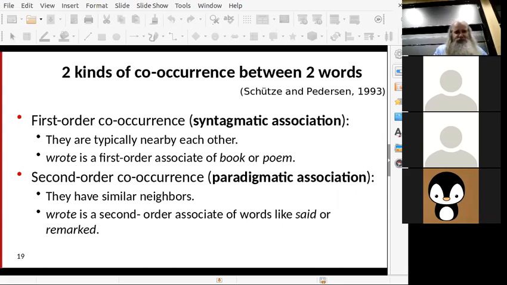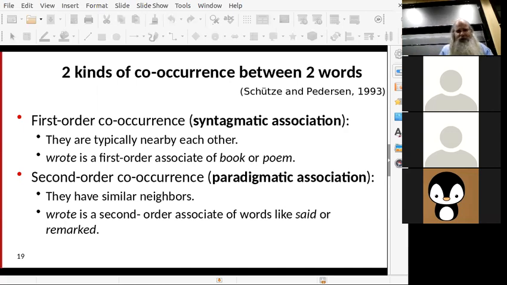One thing to consider is that there's what's called first order co-occurrence, okay? And that is that the word wrote is in some sense similar or related to the word book or poem, because book or poem actually will appear in the context of wrote, while there's another way, which is a second order, and that is wrote's arguments, the things that appear in its context, will be the same types of things that appear in the context of say and remark.